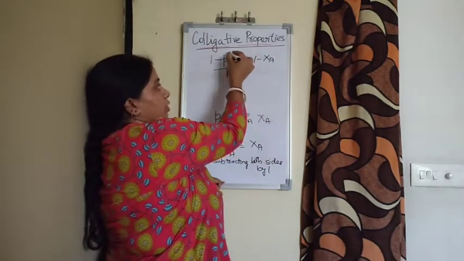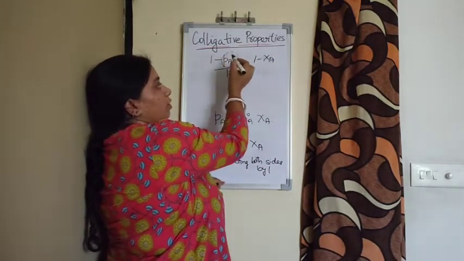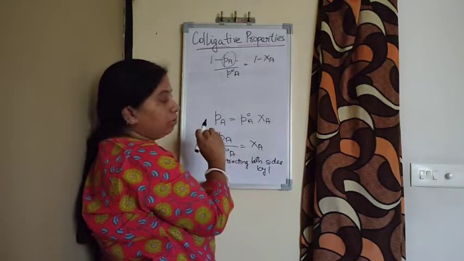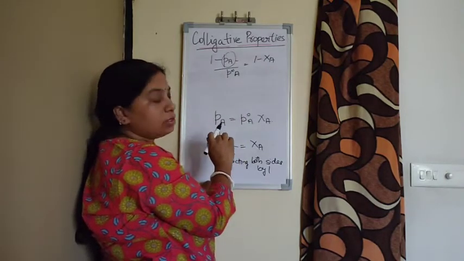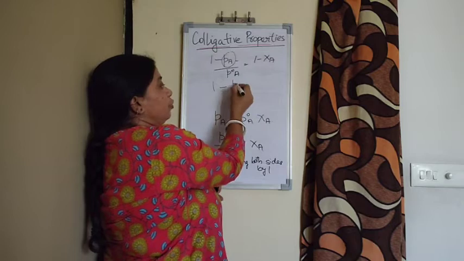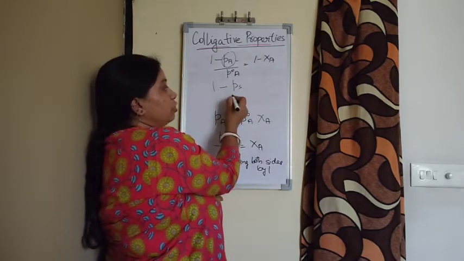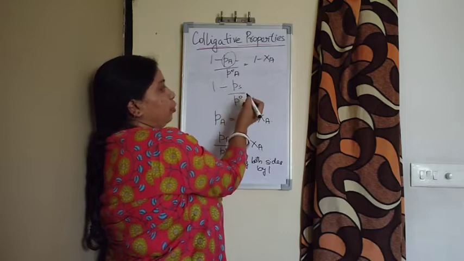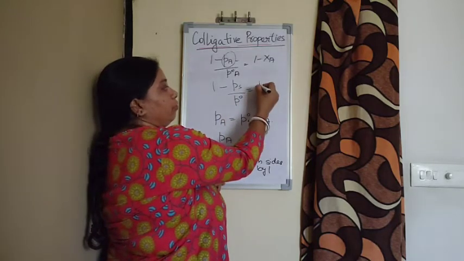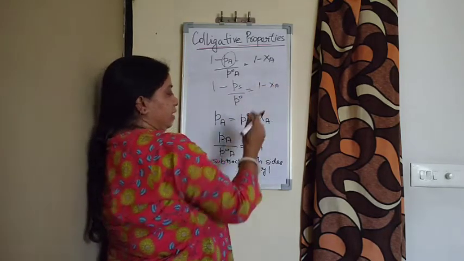Because this contains only the vapor pressure created by the solvent, instead of PA we can also use PS, meaning the vapor pressure of the solution: 1 minus PS upon P naught is equal to 1 minus XA.